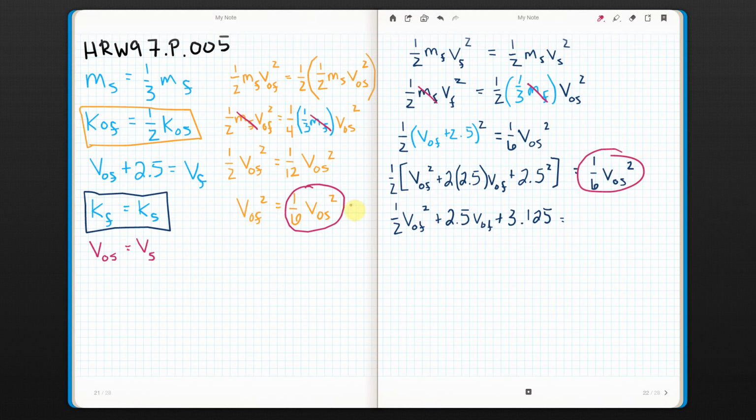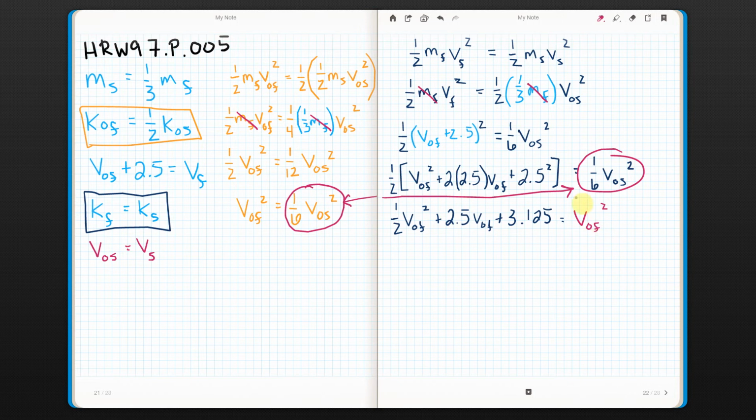So I can replace, those are exactly the same. So I can replace this with its equivalent, which is V0F squared. Now look, I've got this one equation, and the only unknown in it is the initial velocity of the father. I can solve this.